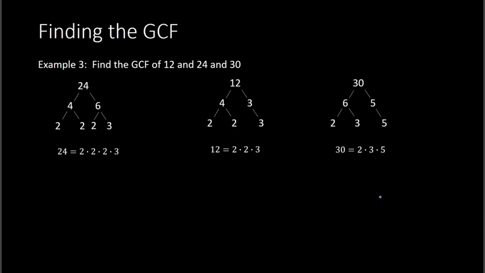At this point, I need to see what factors all 3 have in common. Notice they all have a 2 in common, and they all have a 3 in common. So the greatest common factor of those 3 numbers would be 2 times 3, which would equal 6. And notice 6 does divide evenly into 12 and 24 and 30. So this answer makes sense, and it is the correct answer.